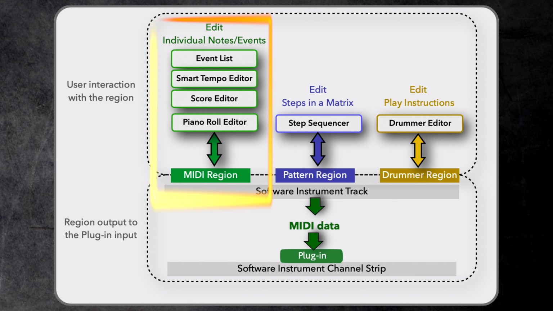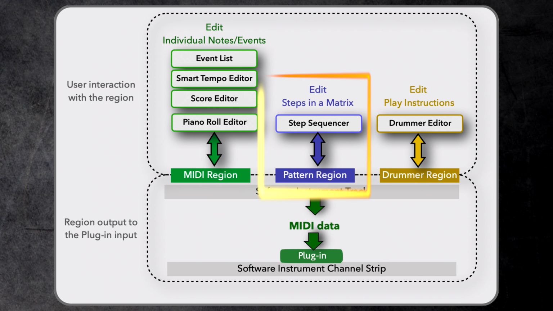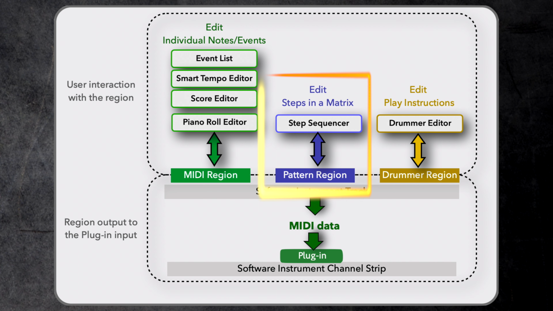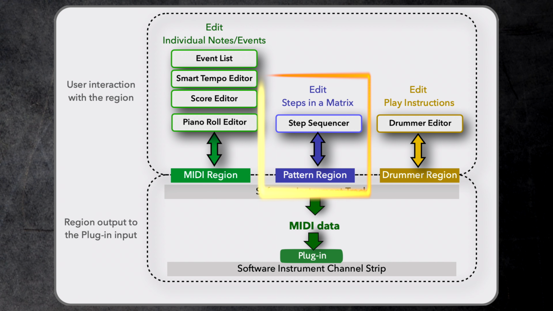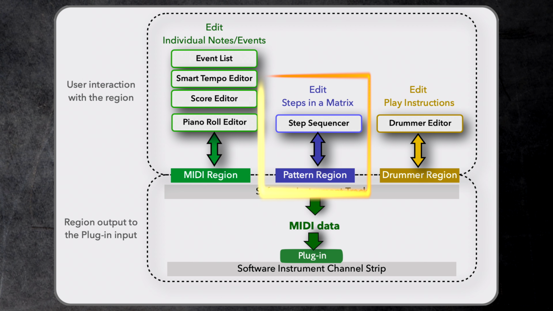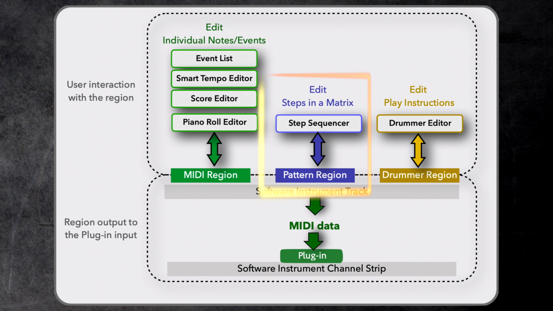They let you edit the individual notes and MIDI events. The editor for pattern regions is the step sequencer. Here you also edit individual MIDI events, but they are laid out on a grid, and you edit the individual cells that contain the individual MIDI events.